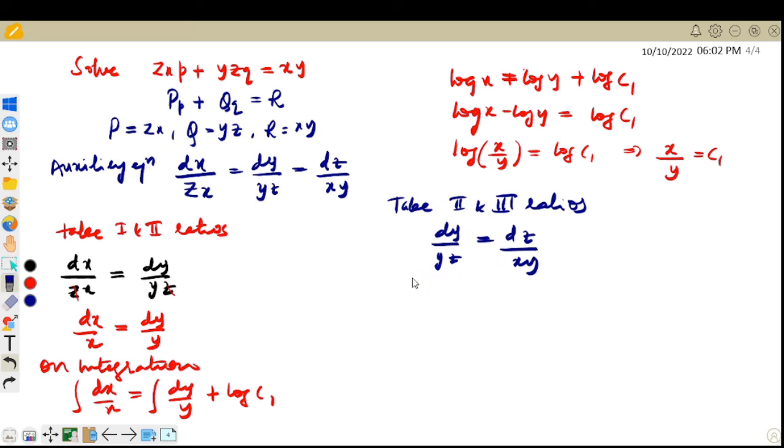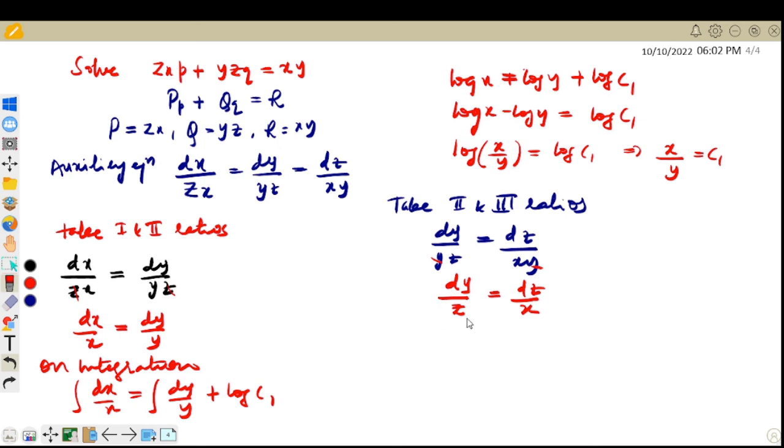Now here y and y get cancelled. So what is remaining here is dy by z is equal to dz by x.